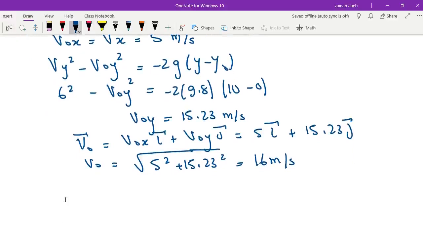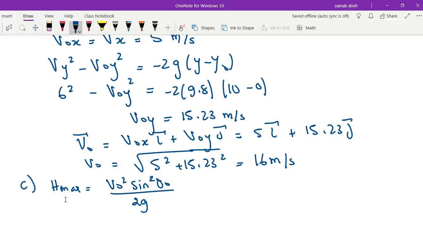So for C, to find the maximum height, H max, it's equal to V0 squared sine squared theta 0 over 2G. ال V0 معي إياها هي 16. Theta 0 I can find it. It's not given but it's easy, it can be easily found. And 2G I have it.